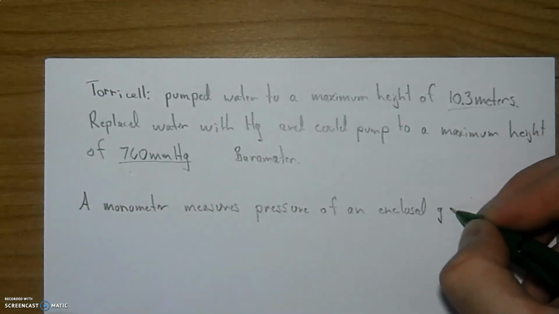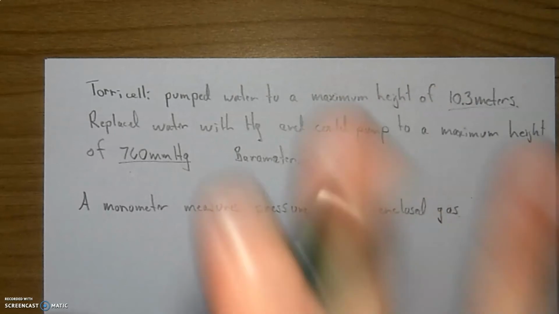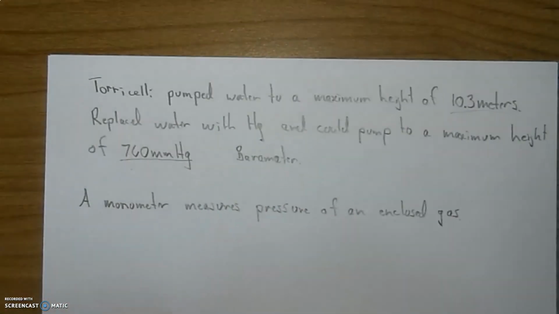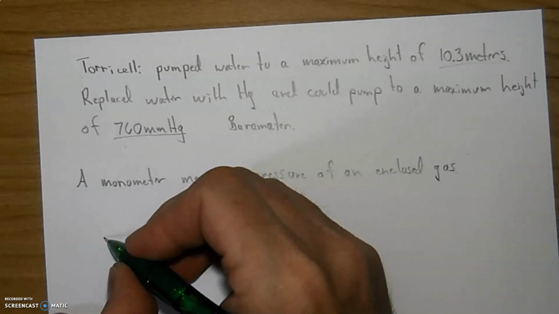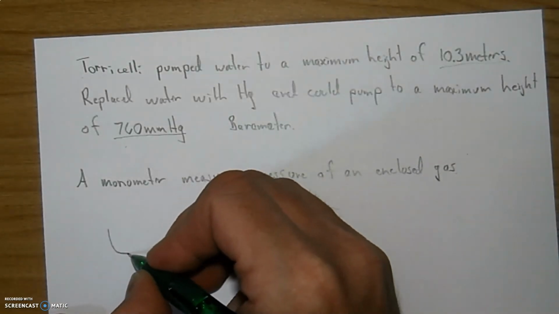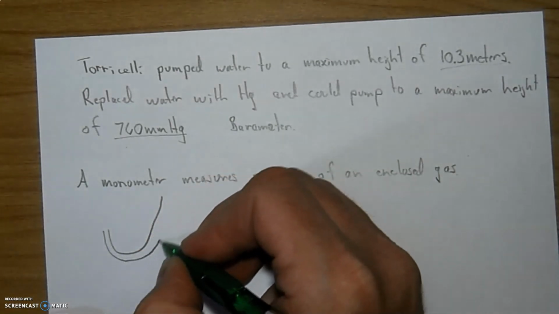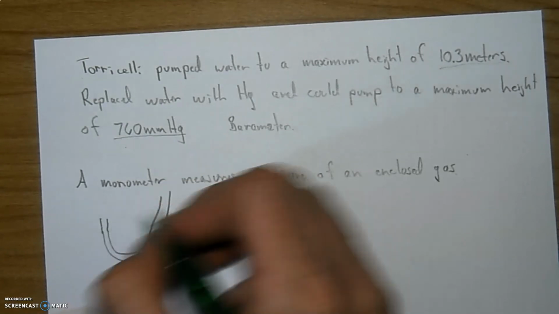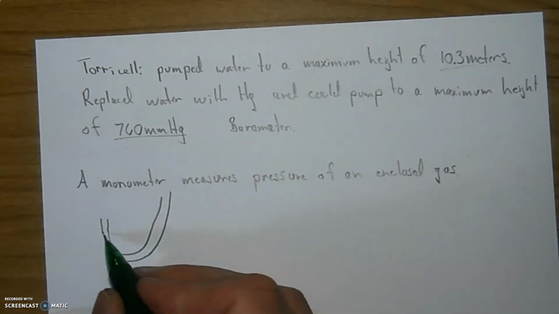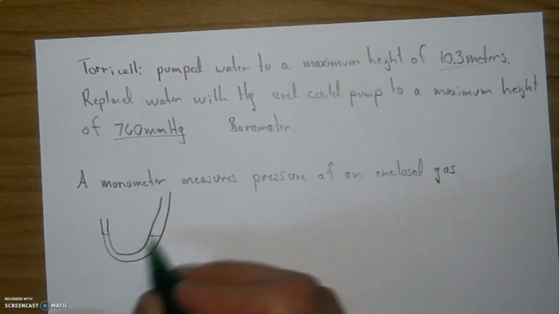So removing the atmosphere from the equation, or yes and no, comparing the pressure of an enclosed gas to the atmosphere. And I'll give you a little scenario. So again, full disclosure here, I am a terrible drawer, which is why I avoid it if I can. If I have mercury and I pour it into this container, of course, I don't know if you know this or not, it's going to find its level on both sides. It's going to be the same.